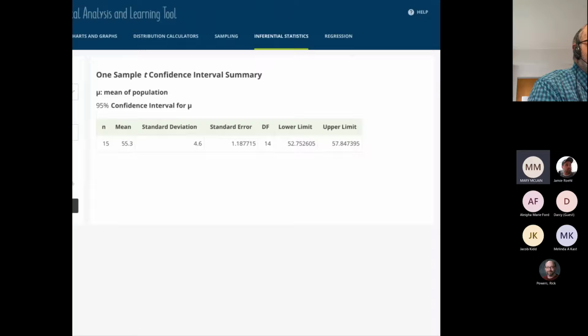Okay, we'll go with 52.8 and 57.8. The mu? The mu. That's correct. Or the population mean. That's what's between those two numbers. Population mean.